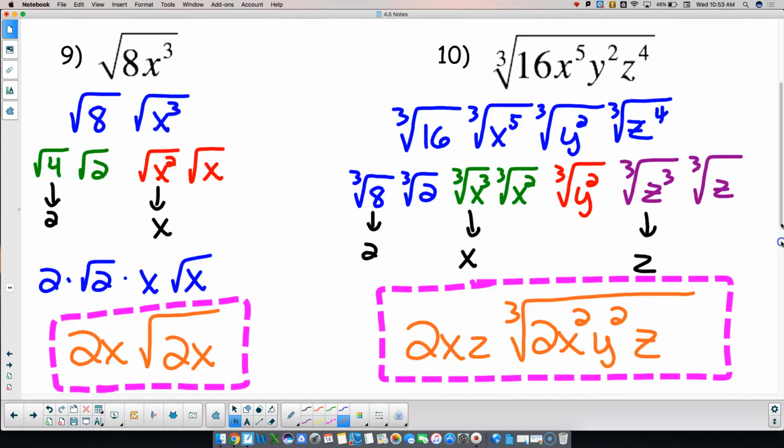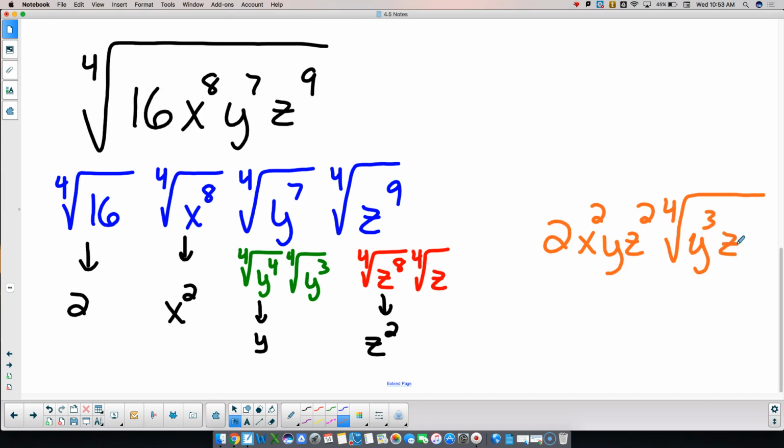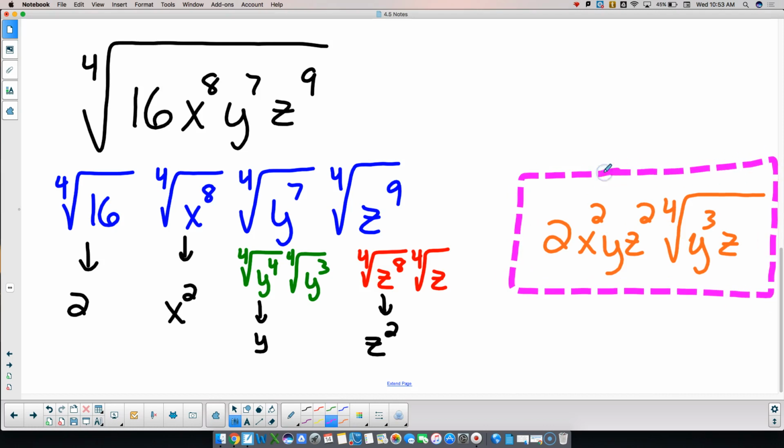So down here, just to finish off this problem, we'd have 2x squared y z squared times the fourth root of y cubed z, taking care of y cubed z. And we're looking for multiples.